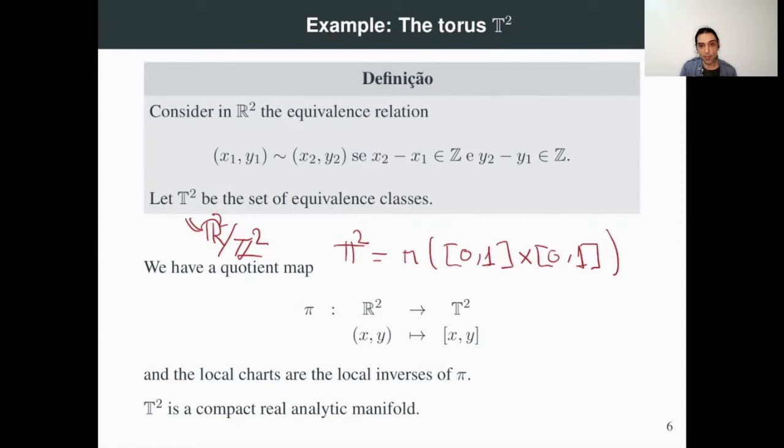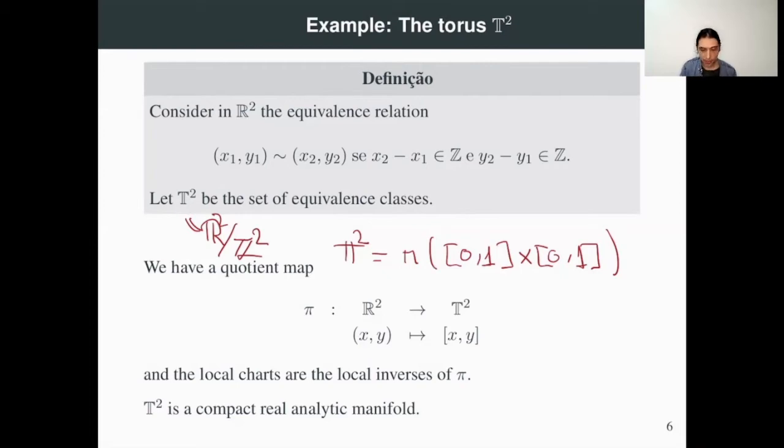You just have to add integer numbers to both coordinates so that both of them are between 0 and 1. Since the square is a compact set and pi is a continuous map, the image of a compact set by a continuous map is a compact set, and so the torus is a compact real analytic manifold. If you do the same construction with R, what you get is also a compact real analytic manifold.